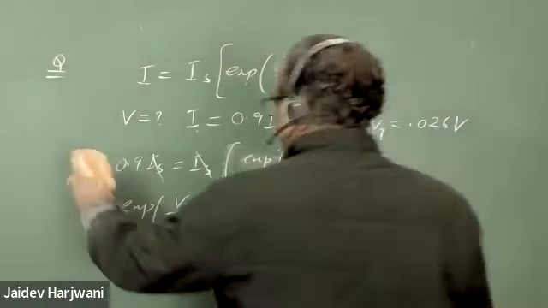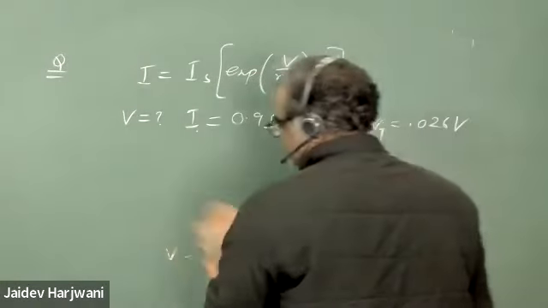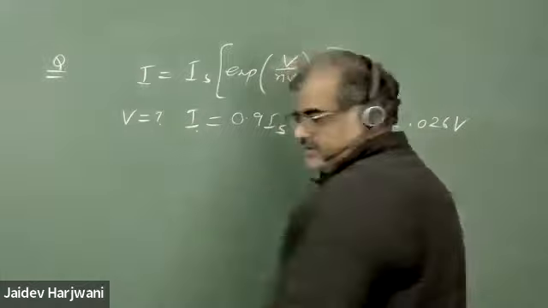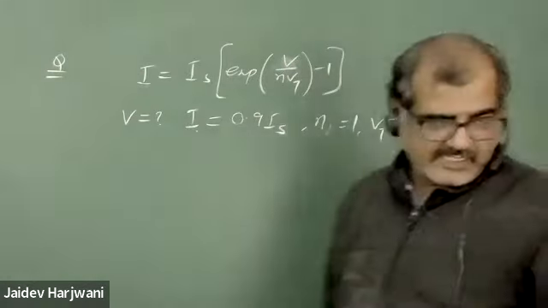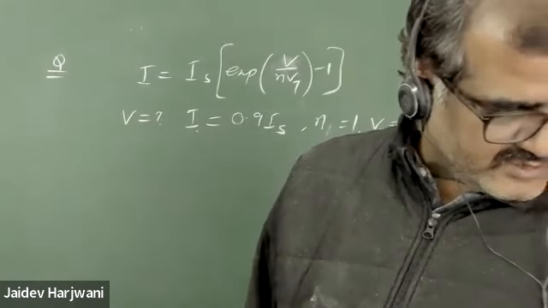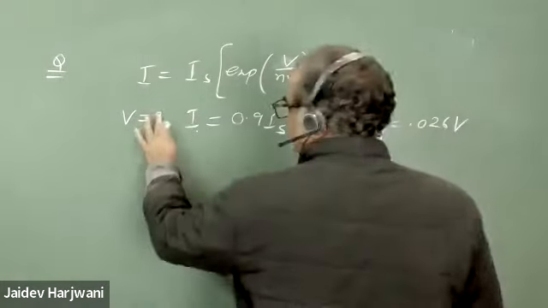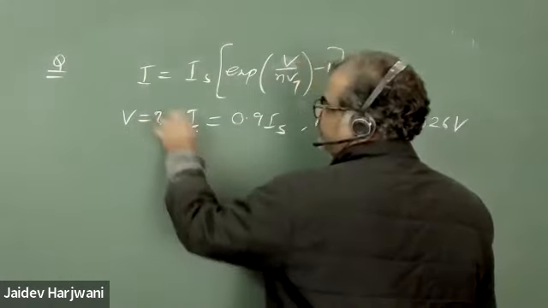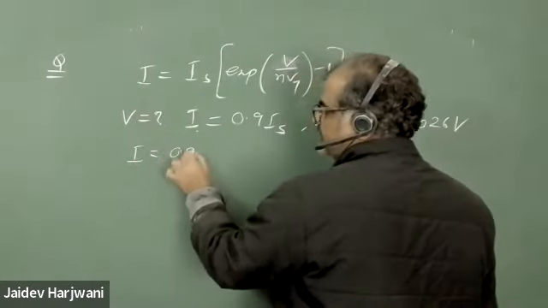Now the next question is again asking: a germanium PN junction is given, and asking to find the voltage at which reverse current becomes 90% of IS.